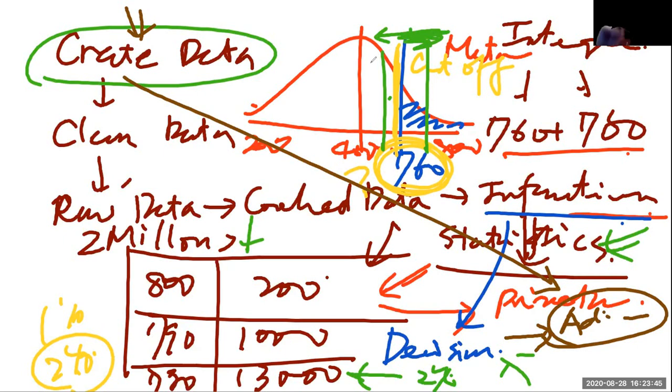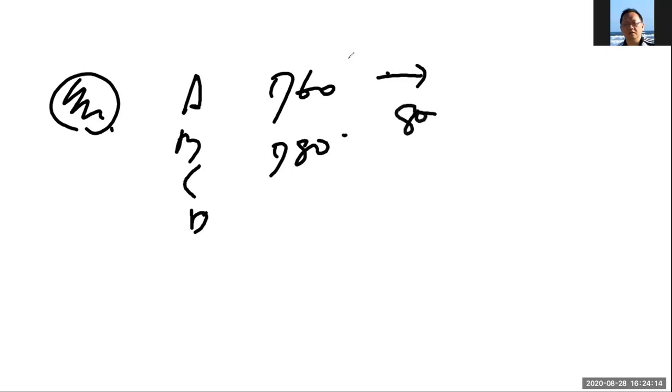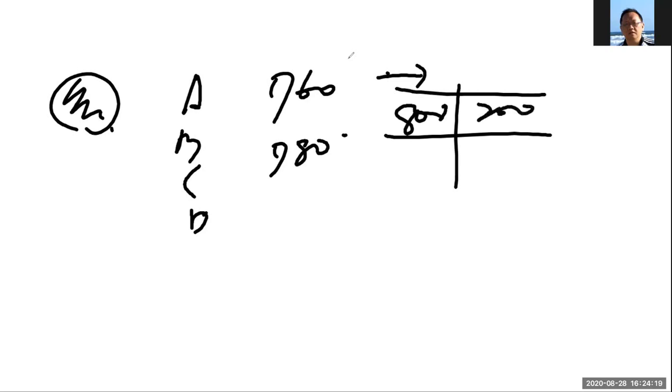So in this whole thing, we have different kinds of data. We have a grade, ABCD, right? We have information: 760, 780, the score, and then we will make a decision on where to cut it, right? So there are statistics about 800 and then the number of people, 200, 790.